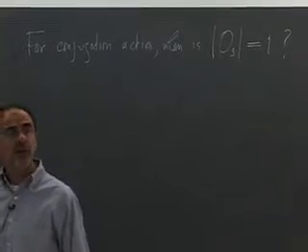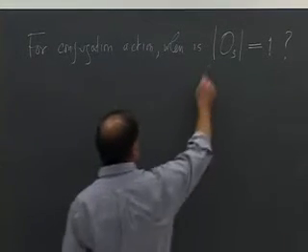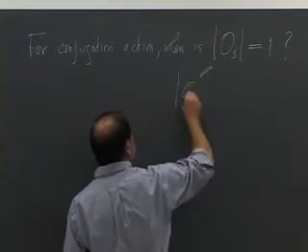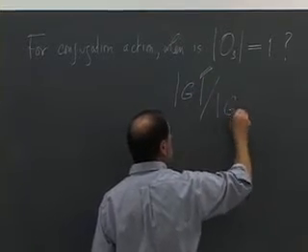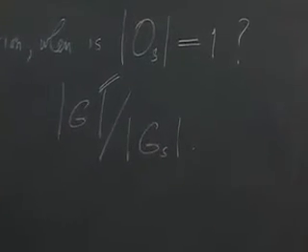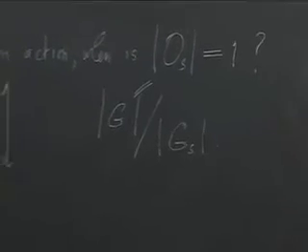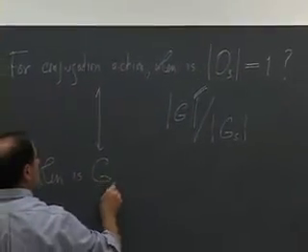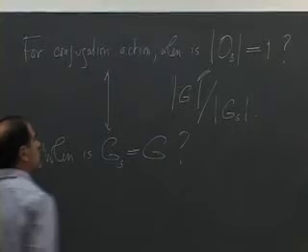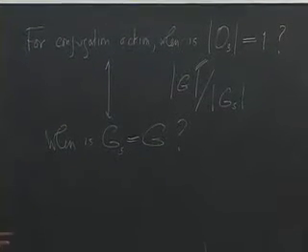That's a good question. Well, we know that the size of the orbit is the order of G divided by the order of the centralizer. So this is equivalent to the condition, when is G sub S equal to G? When the centralizer is the full group.